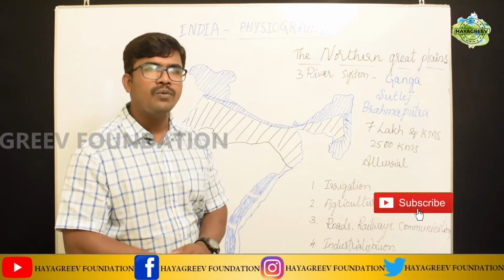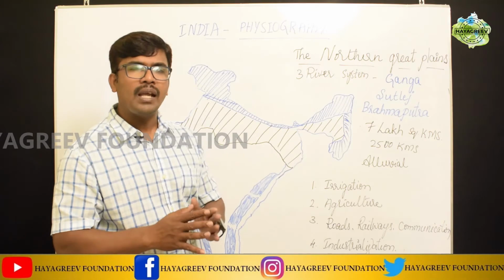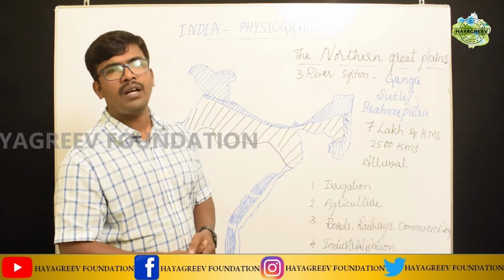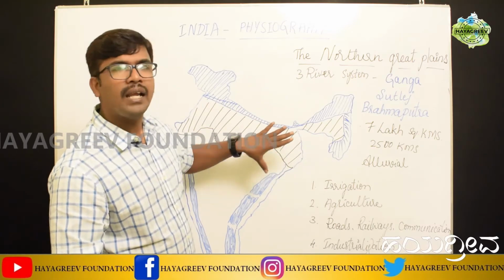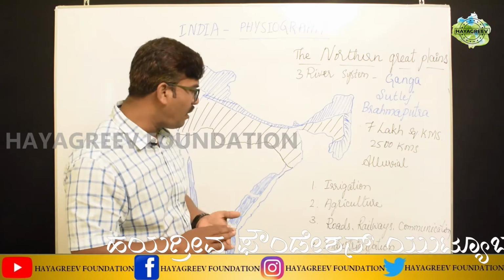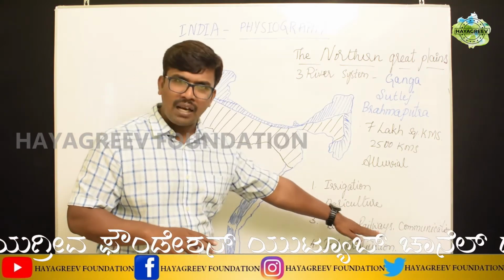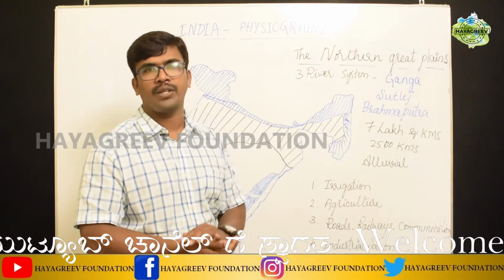Different kinds of crops are cultivated throughout the year, and farmers are engaged in the agriculture field all year. As this land is flat, it is very suitable for the construction of roads and railways, and it is also helpful for the development of communication.